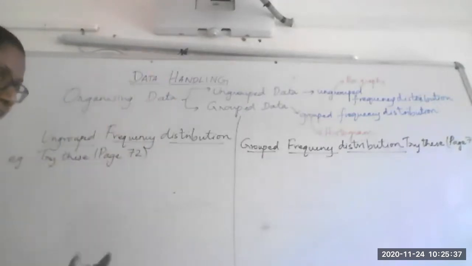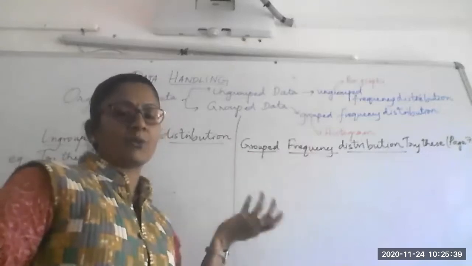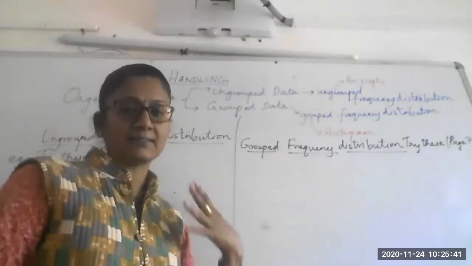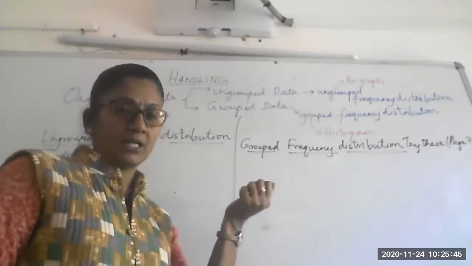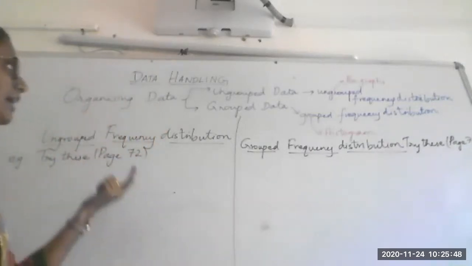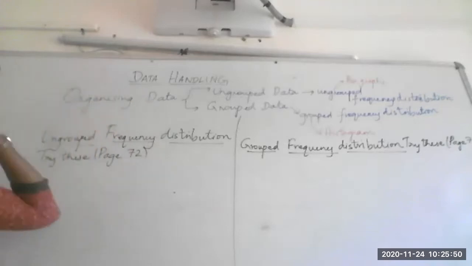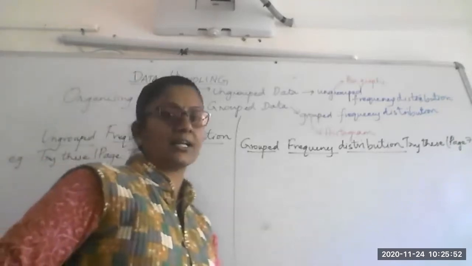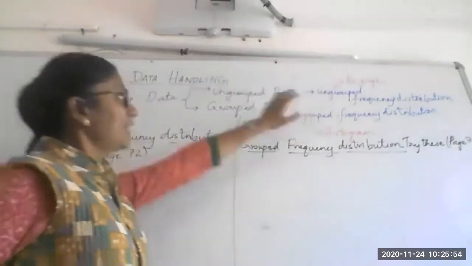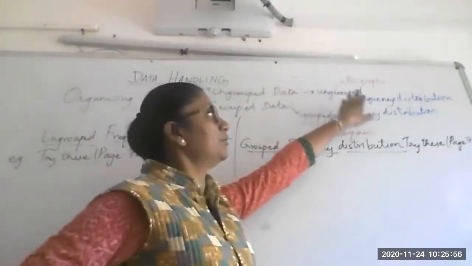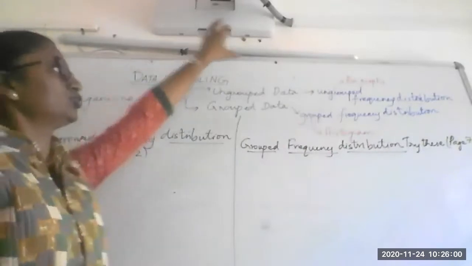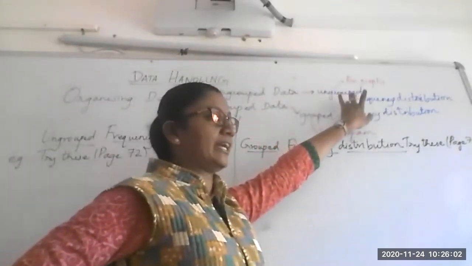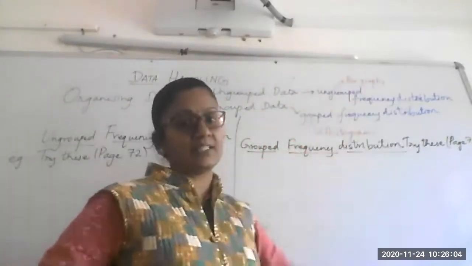We already have the data. We know from our previous class how we can represent that using a single bar graph or a double bar graph. Now in this stage, you will again revisit organizing data. Like in grade 7, you organized data which allowed you to make an ungrouped frequency distribution. So from the data, you should be able to create a frequency distribution.